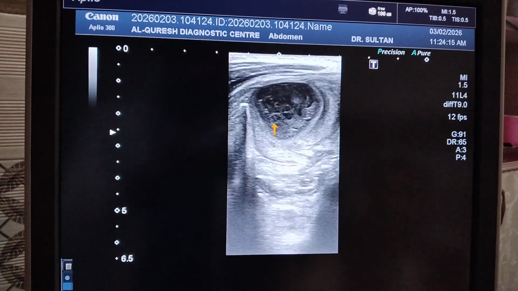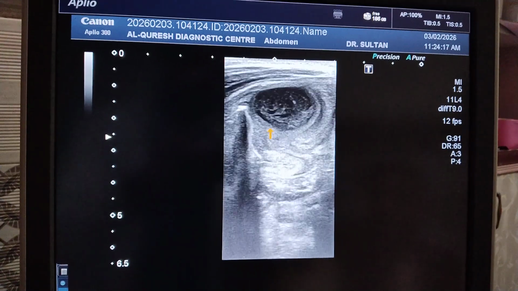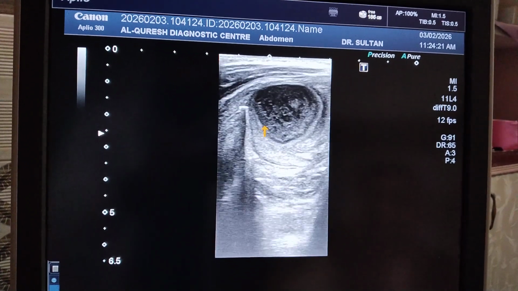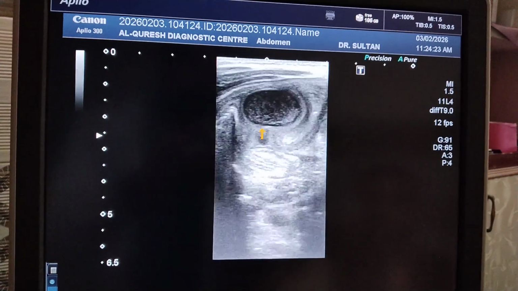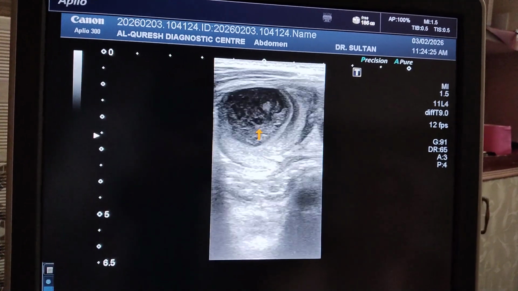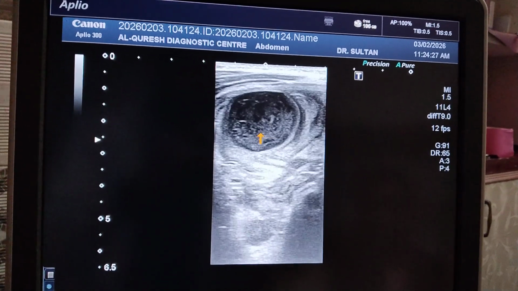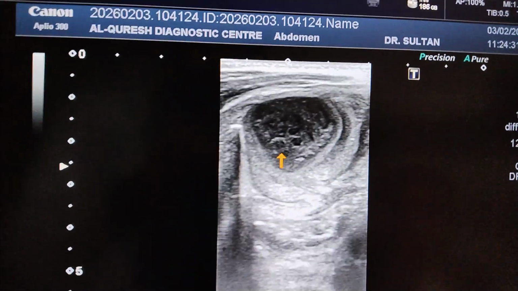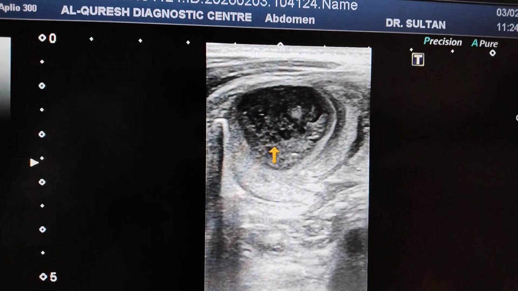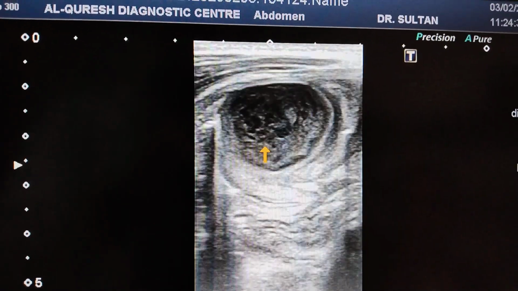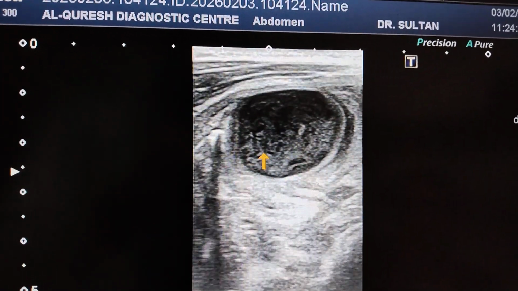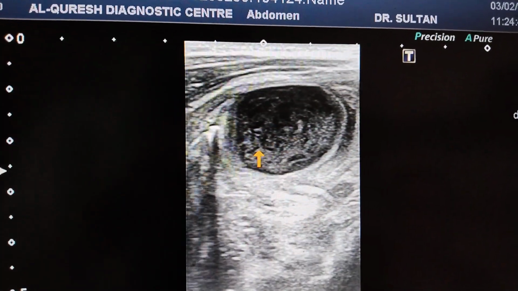So I can say now the gangrenous appendix has been invaginated into the distal ileum, giving the gut within the gut sign. I mean to say it is a case of intussusception.